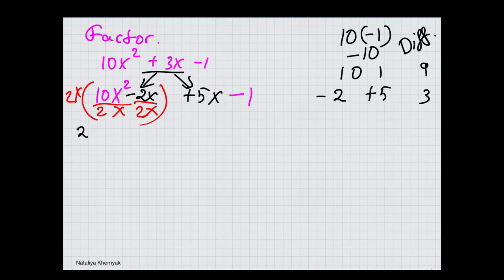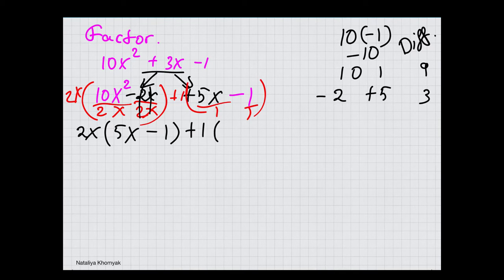So we have 2x. 2 goes into 10 5 times, x. This cancels, minus 1. 5 and 1 can be divided by 1, plus 1. So we have plus 1, 5x minus 1.